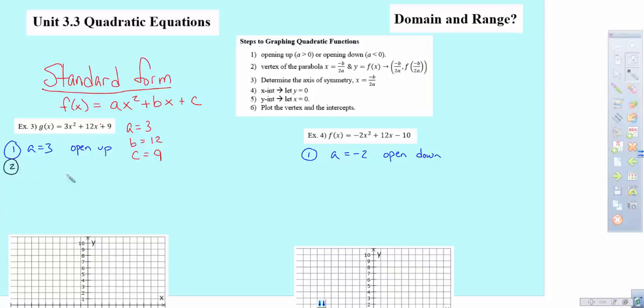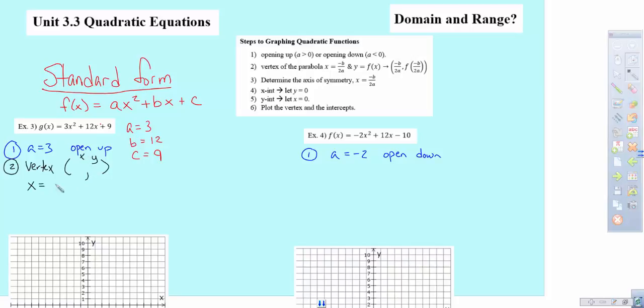So number 2, what is the vertex? Well, in this case we can't see transformations. We don't have it in that vertex form, so we have to calculate it. We have a formula for the vertex. Remember, the vertex is an ordered pair, an x and a y.